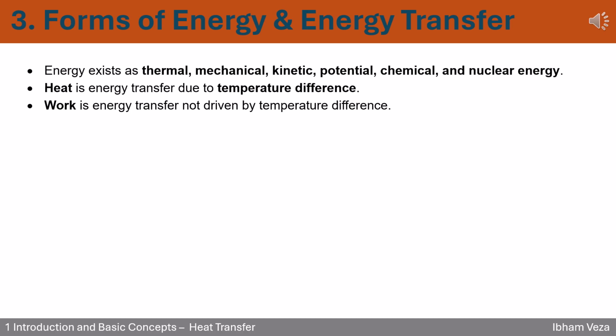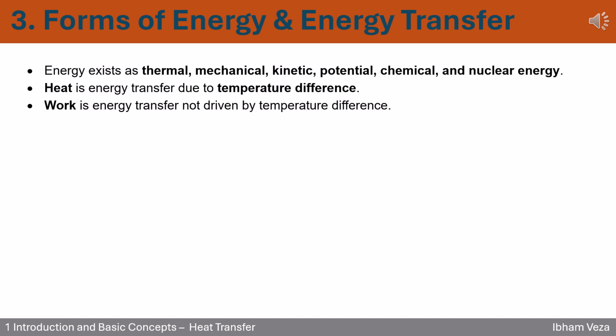3. Understand forms of energy and energy transfer. Let's break down energy into simple, clear categories. Energy comes in many forms: thermal, mechanical, kinetic, potential, chemical, and nuclear. Each plays a unique role in physical systems. When we talk about heat, we mean energy transfer caused specifically by temperature differences.